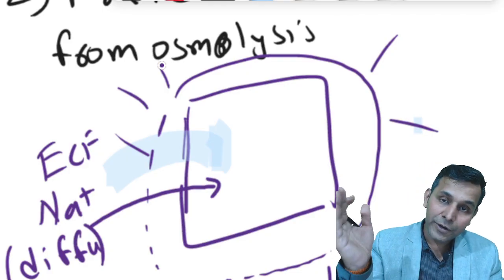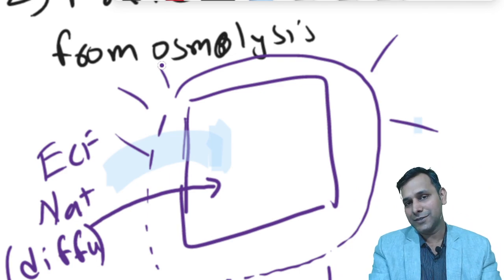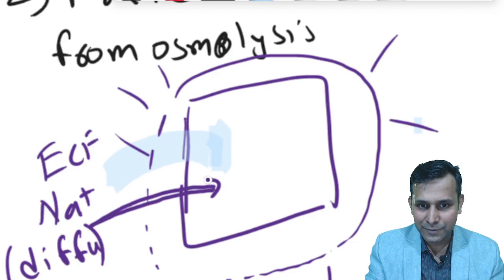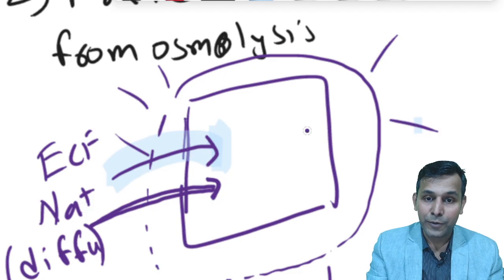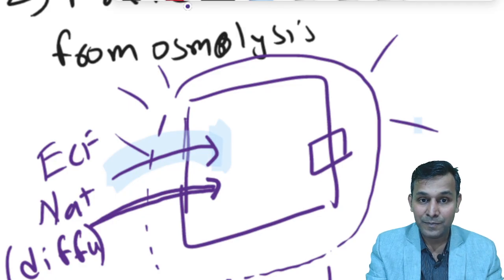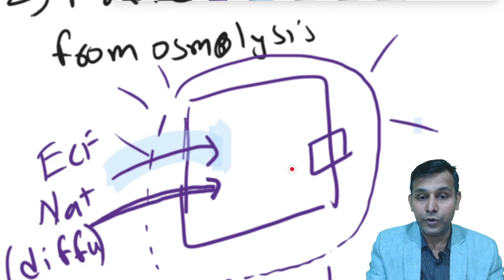So the sodium potassium pump helps us achieve this. The moment sodium moves inside by diffusion, and water also moves inside along with sodium, the Na+ K+ pump throws the sodium out again.